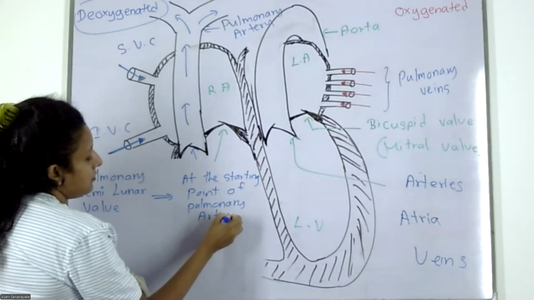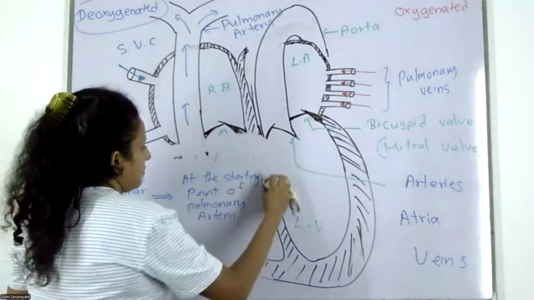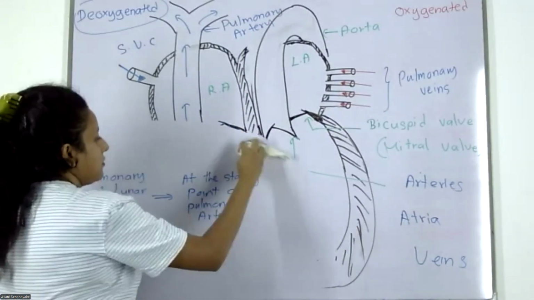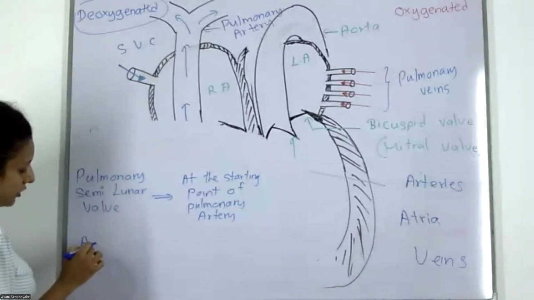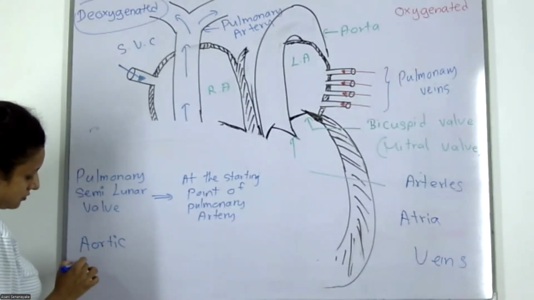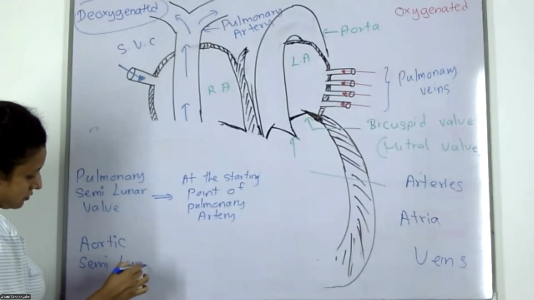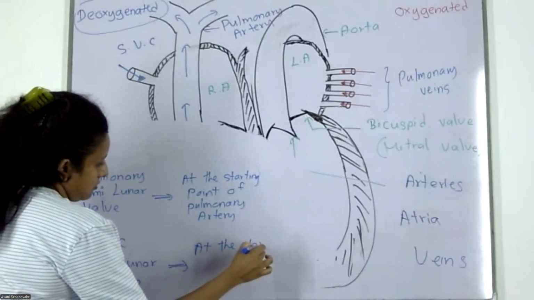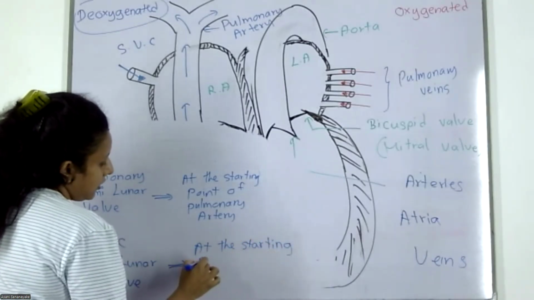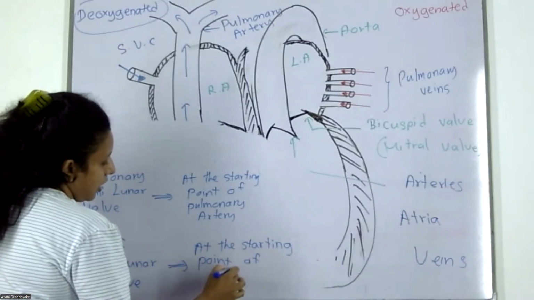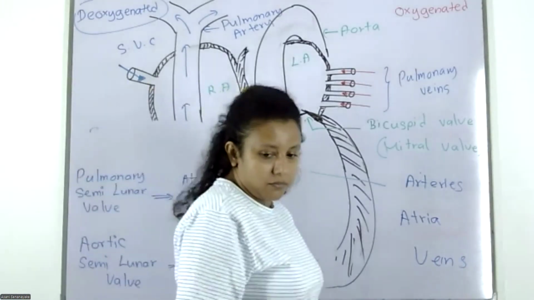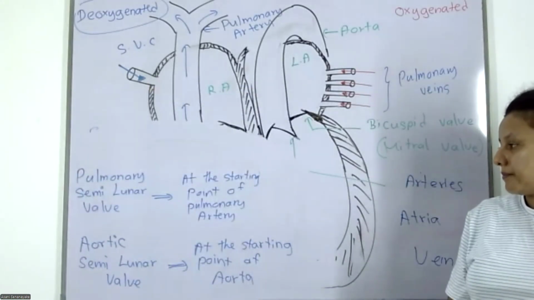And again, aortic semilunar valve at the starting point of the aorta.